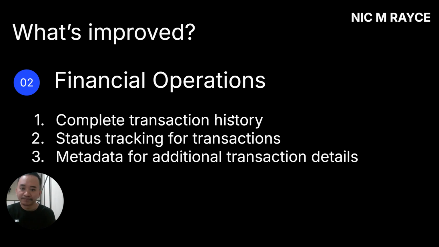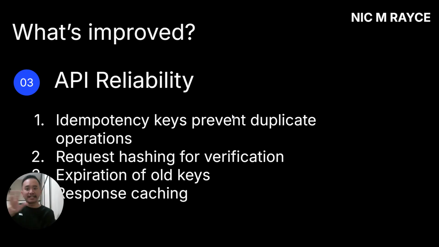Financial operations. Again, transaction history, status tracking, and metadata for additional transaction details. API reliability, very important. The idempotency keys will prevent duplicate operations when we're dealing with an API-level basis, especially with the Stripe API. We will request hashing for verification and expiration of all keys once the operation is done, and response caching.